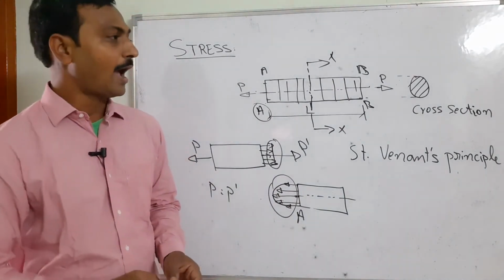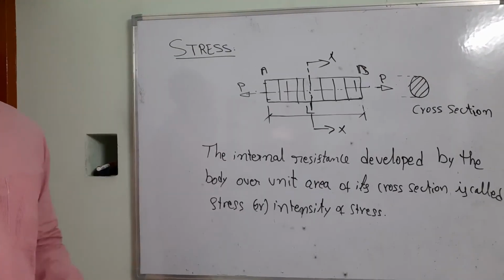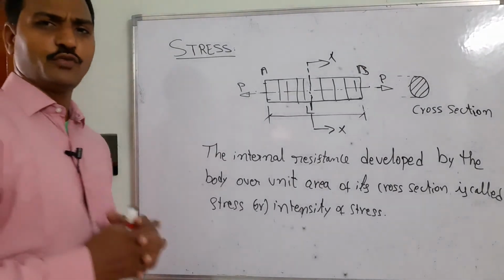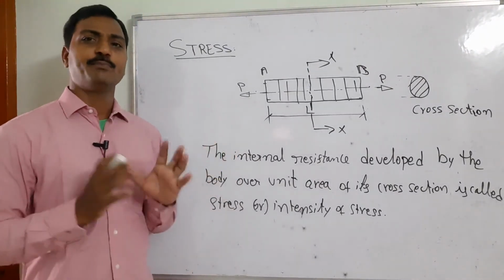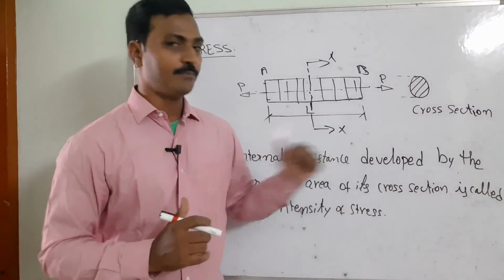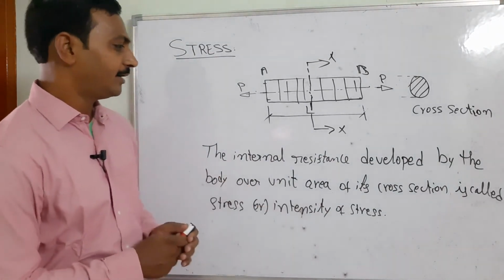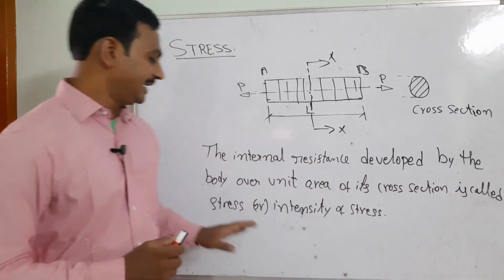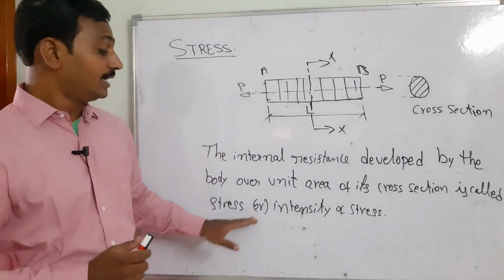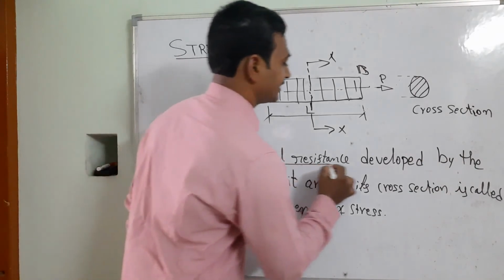So from this, I would like to define what stress is. With this explanation, I am trying to define stress in simple sentences. The internal resistance developed by the body over the unit area of its cross section is called stress, or intensity of stress.